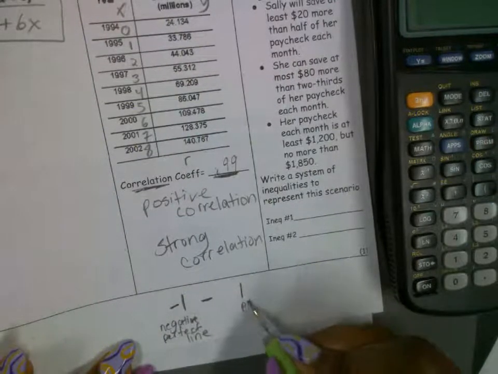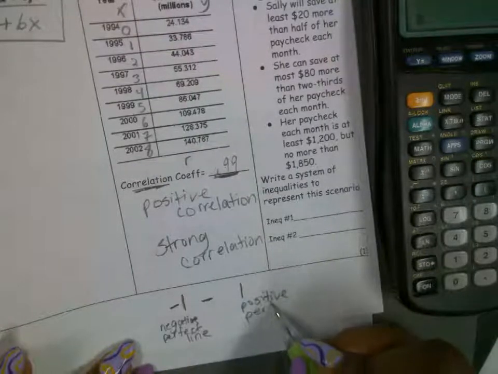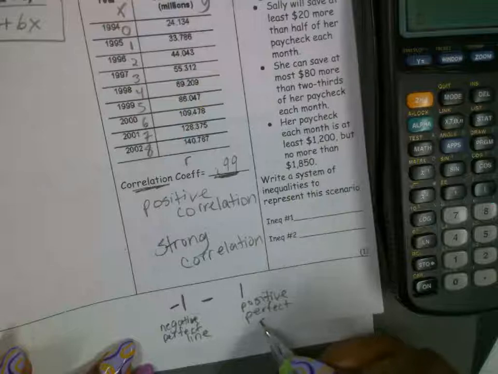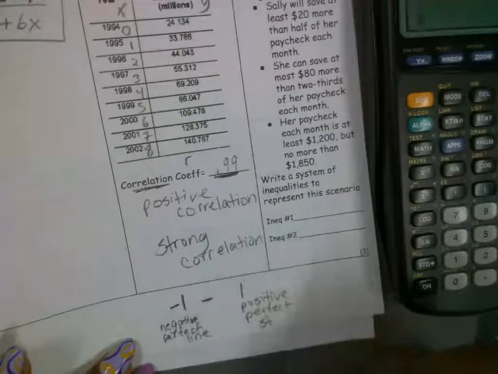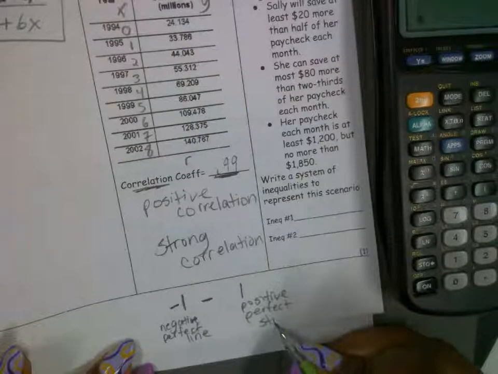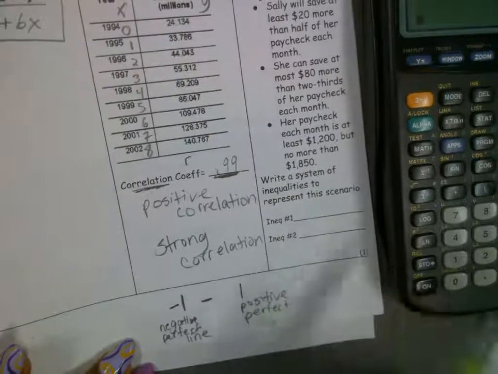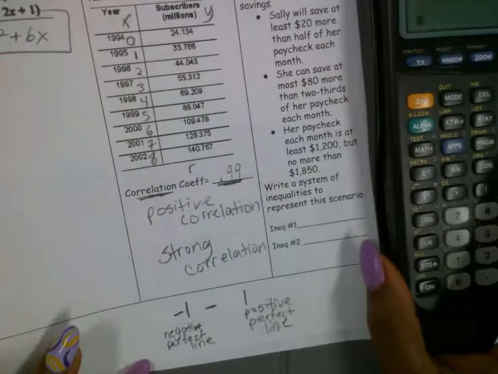This is a positive slope, and it's a perfect straight line. The closer that it gets to 0 makes it the weakest. I'm just going to put perfect line. Any questions about that?